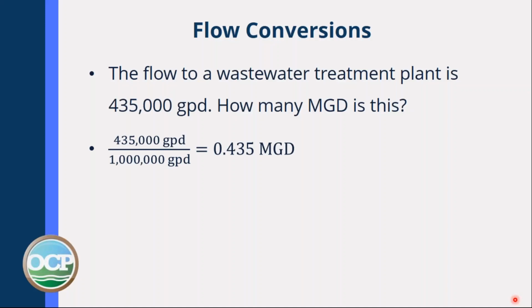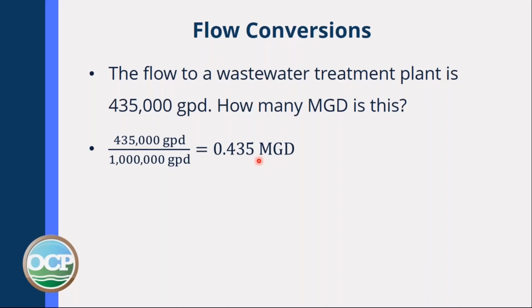The easiest way to do that is on your calculator to divide 435,000 by a million, and that should give us 0.435 million gallons per day. The other way you can do this is by moving the decimal point 6 places to the left. If we start here, we go 1, 2, 3, 4, 5, 6 to give us our 0.435.